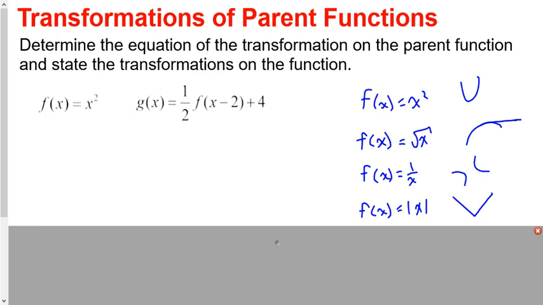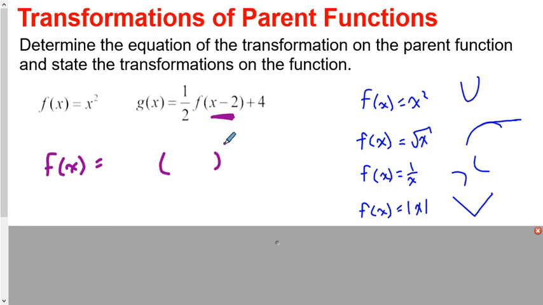So what are my transformation parts? Well, it looks like I'm going to multiply my y values by a half, so that's a vertical compression. Looks like I'm shifting to the right 2 and up 4. We'll talk more about those transformations in a minute, but for now we just want to focus on the equation. So I'm starting with my basic equation for x squared, but instead of x, I'm going to put x minus 2 in the bracket.